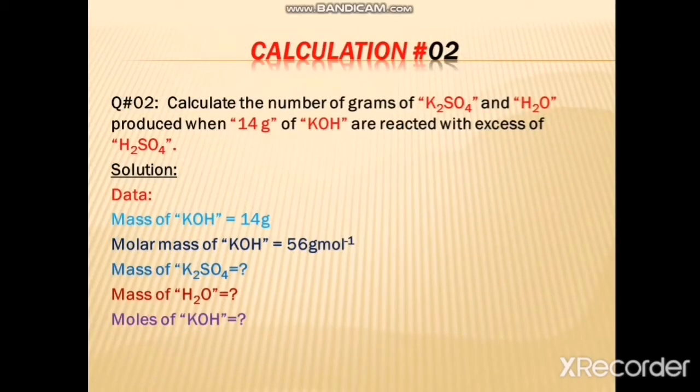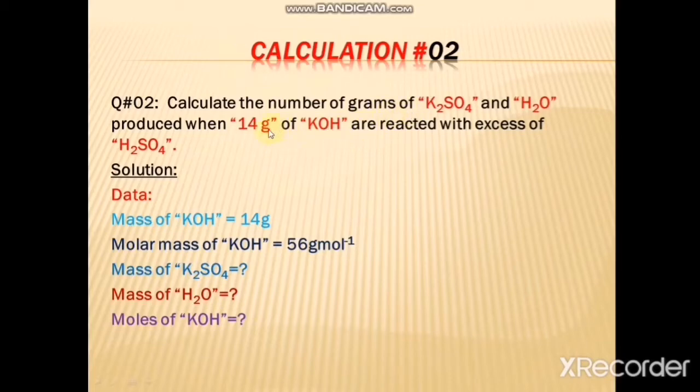Then students, we have another calculation. Calculate the number of grams of potassium sulfate and water produced when 14 grams of potassium hydroxide are reacted with excess of sulfuric acid. So how can you find this? First of all, look at the equation, the data given.